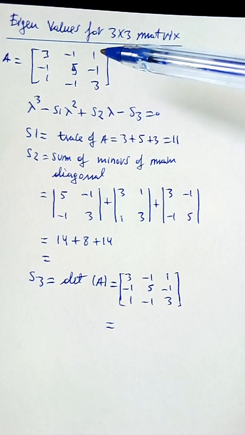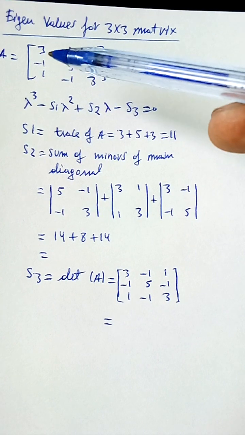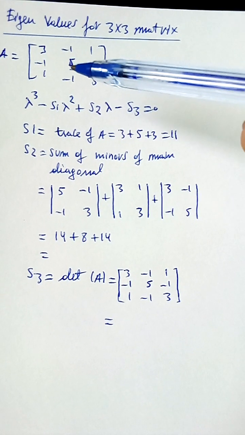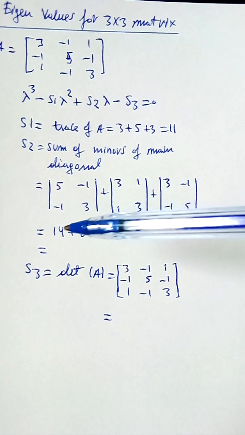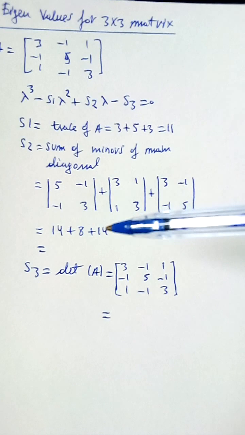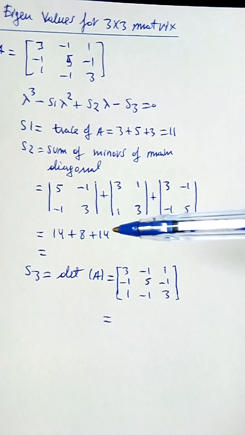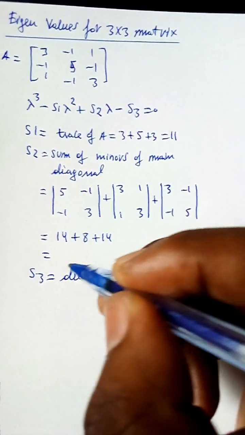And the last one, you remove the third column and third row, and you stay with 3 minus 1 minus 1 5. Then you make the addition. Here you get 14 plus 8 plus 14, which is equal to 36.